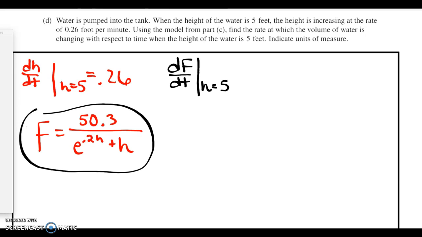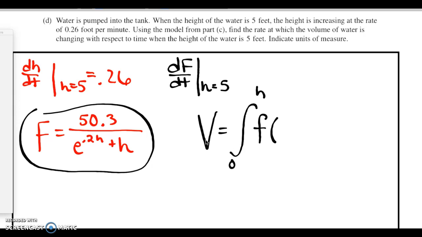Okay, so since we know that the volume at any given height from 0 to h is equal to the integral of f of h dh, we then know what its derivative is going to be. We know that dV/dt equals the derivative of this statement right here.